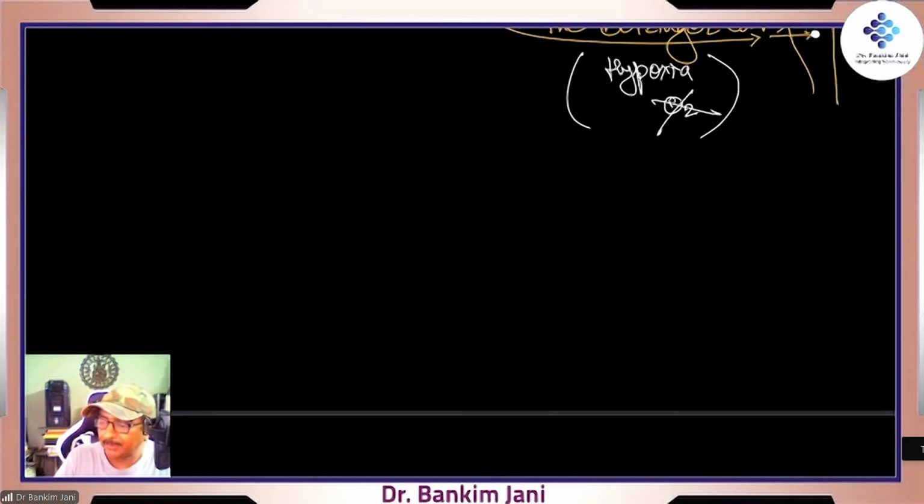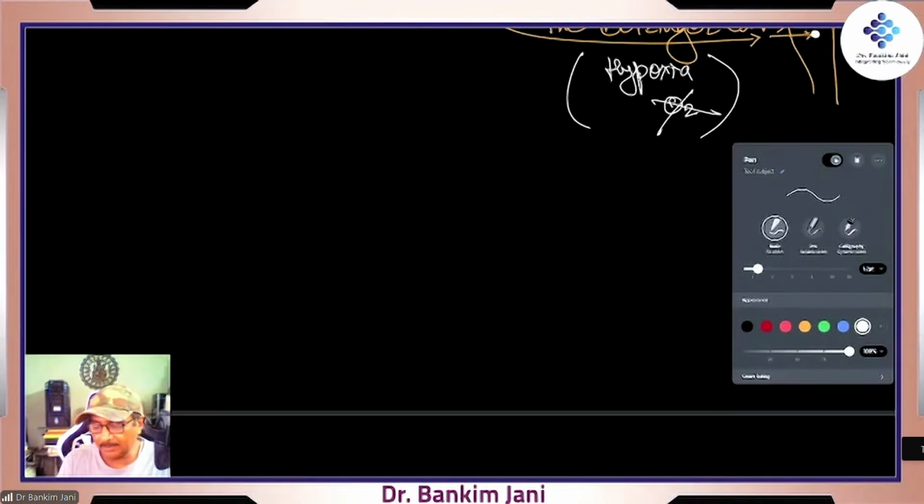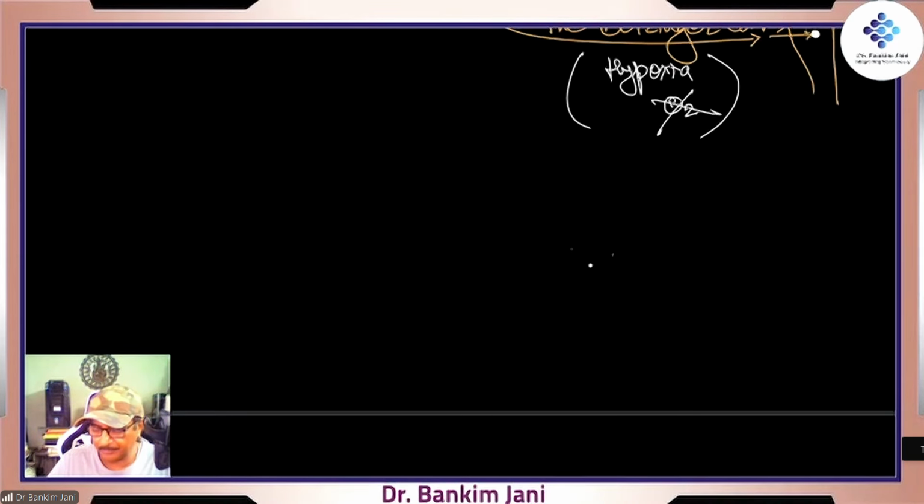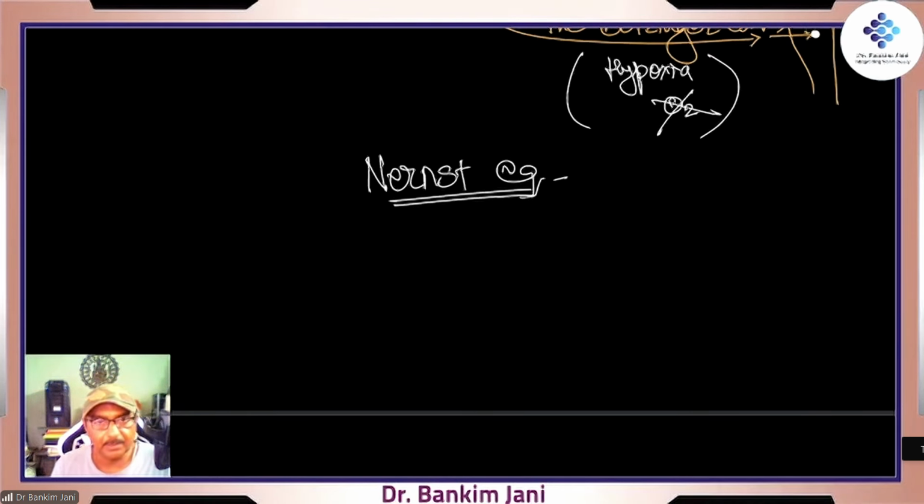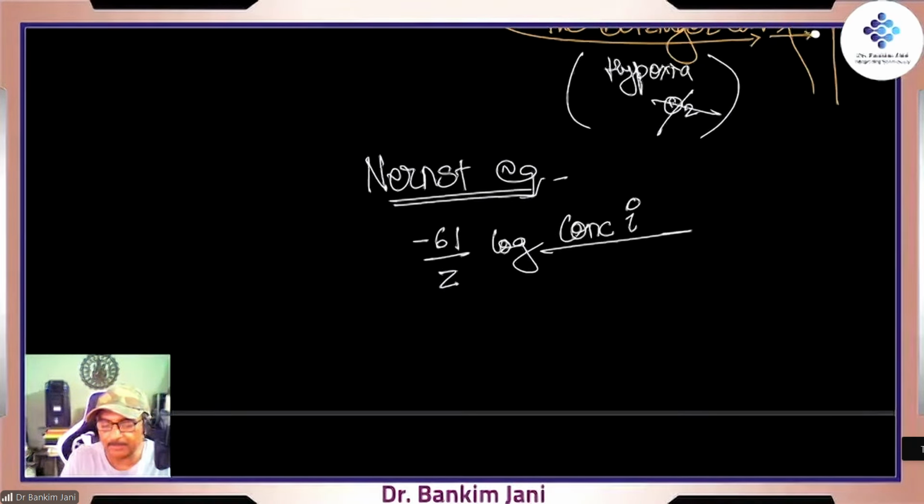So we use the Nernst equation, or the Nernst formula, for the equilibrium potential. That was minus 61 upon Z into log of the concentration of that particular ion inside upon the concentration of that particular ion outside.